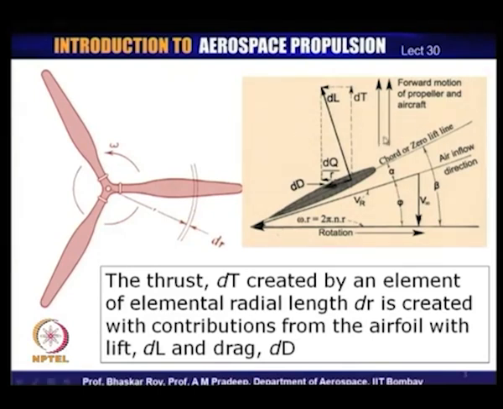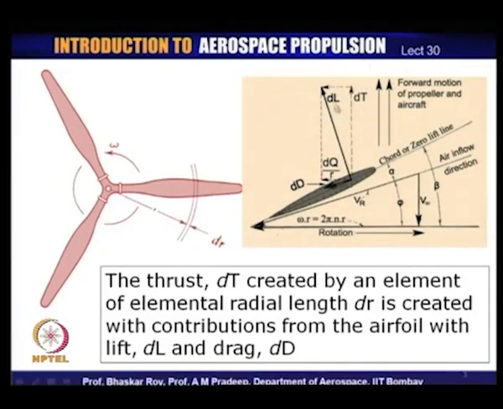So, torque, which is elemental torque, shown here as dQ divided by r, gives you the peripheral force that is coming in from the engine on this particular section, and that needs to be matched with the peripheral component of dL and dD. And if they are matched, if the torque supplied by the engine matches with this torque requirement of the propeller of this particular section, then we have a situation where we get the thrust that we want.